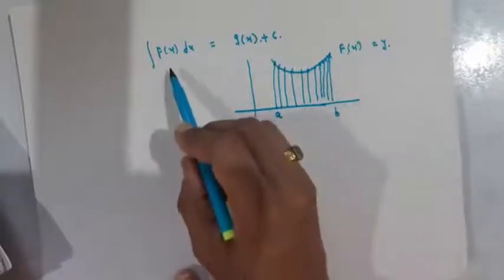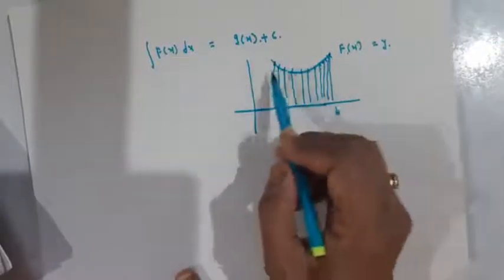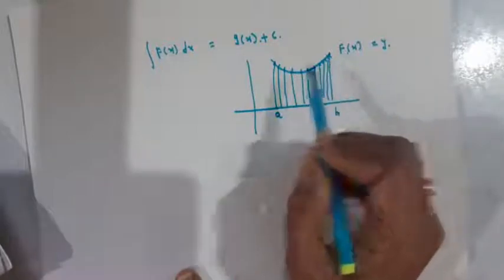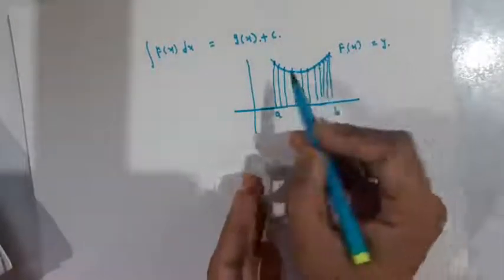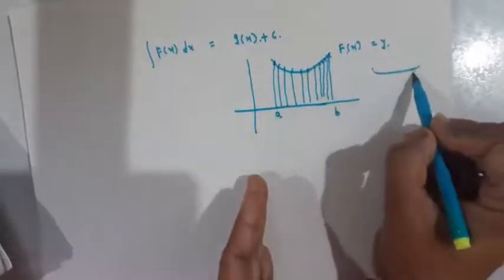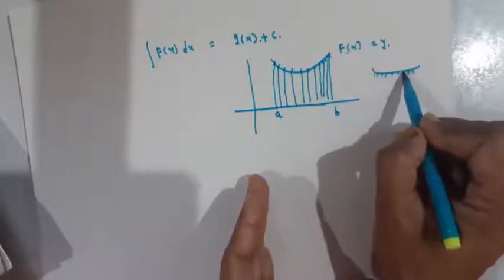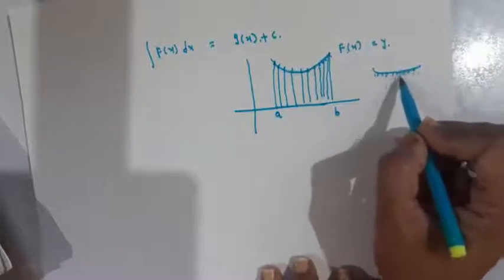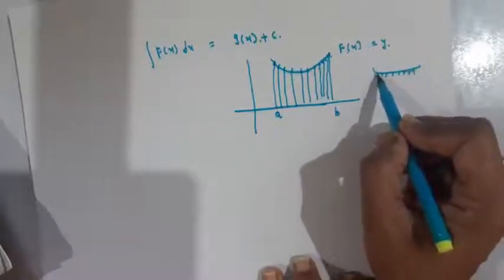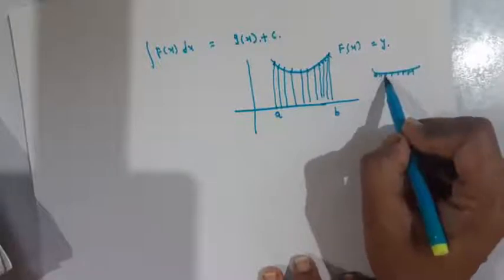In integration we sum all the points, and in differentiation, on that curve we separate the small parts, and we form small parts like this.